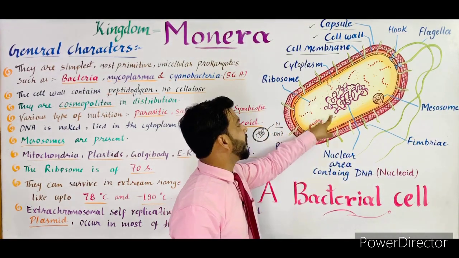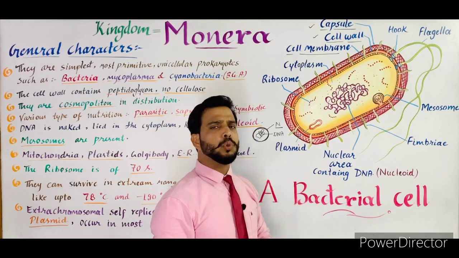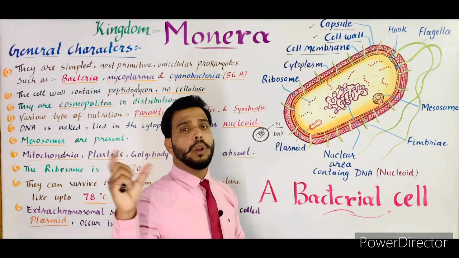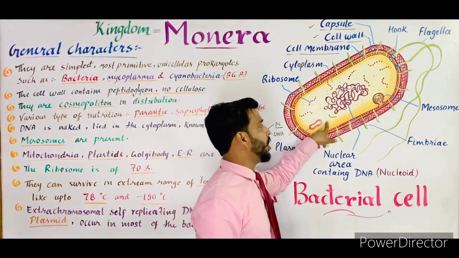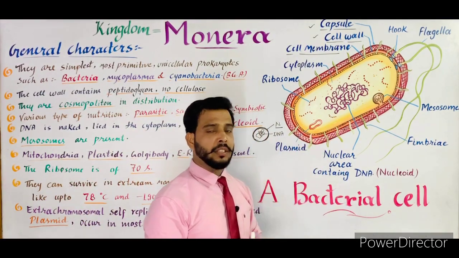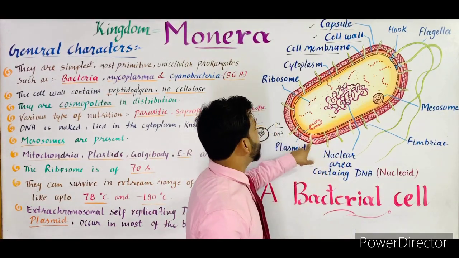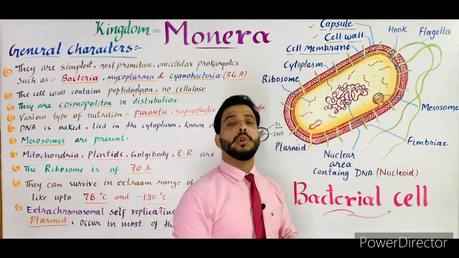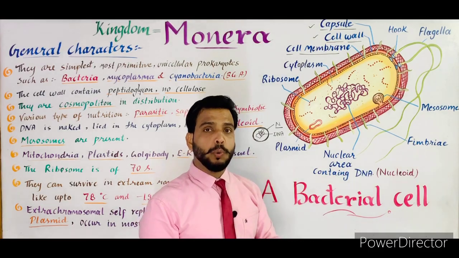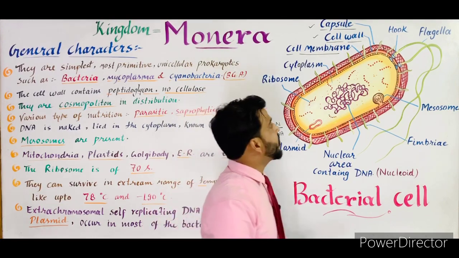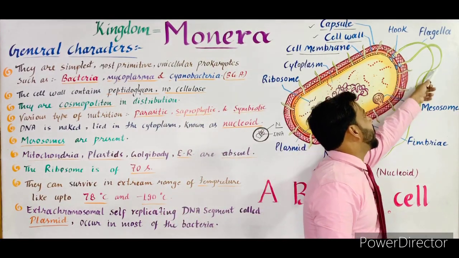Next are the ribosomes, and sometimes these ribosomes are found in groups, and a group of ribosomes is called polyribosomes. They are 70S. Now these are the fimbriae, which help in locomotion, and for locomotion a special structure is also present in most bacteria, which is the flagella.